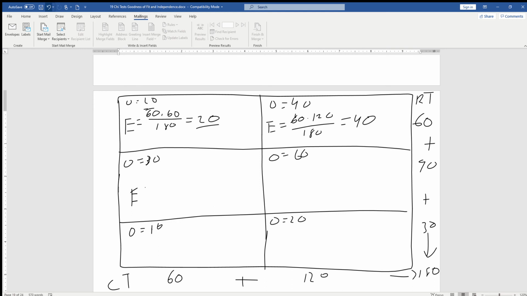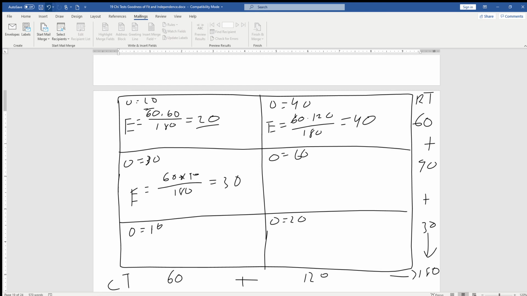Next expected, that's going to be 60 times 90, and that's going to be divided by 180. So 60 times 90 over 180, and that's 30. Next, 60 times 120 divided by 180. I'm sorry, 90 times 120.